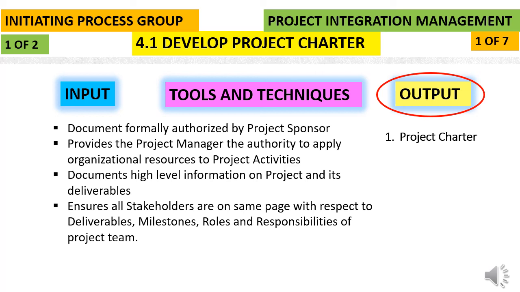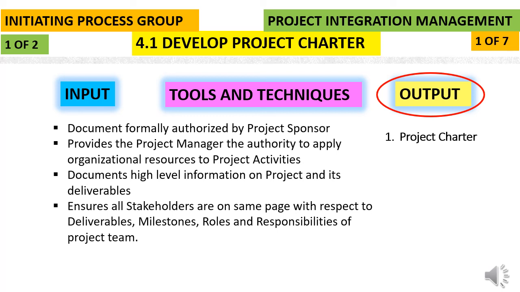Let's see those things. So the project charter typically documents high level information of the project, and also it will tell what kind of outcome we are expecting from the project, whether it could be a product, a service, or a result. These are the top level.